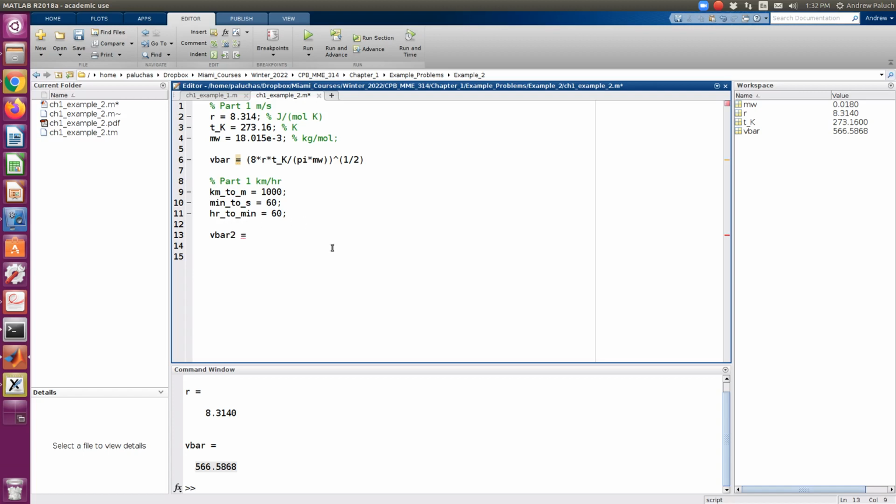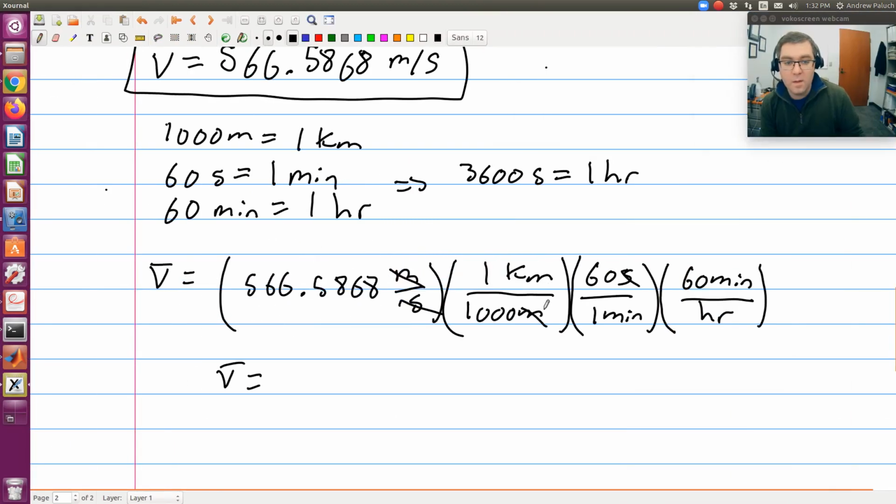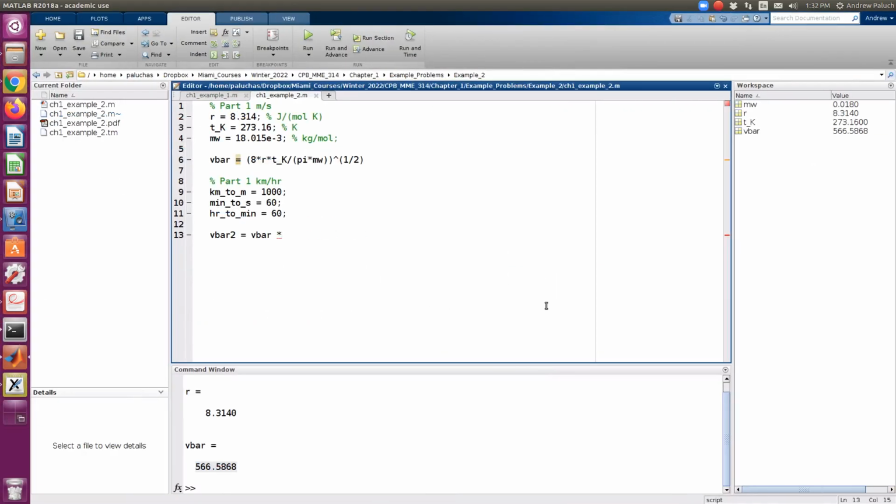So it's going to be the velocity in meters per second, divided by kilometers to meters, times minutes to seconds times hours to minutes.